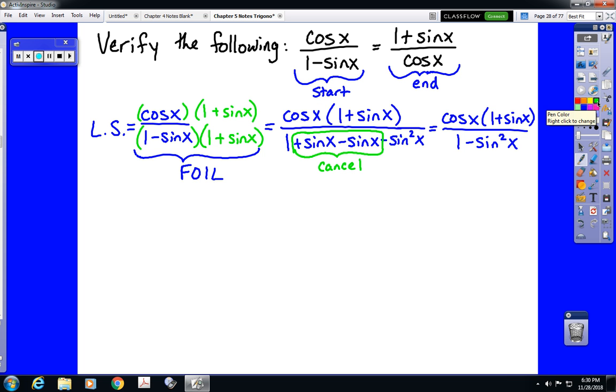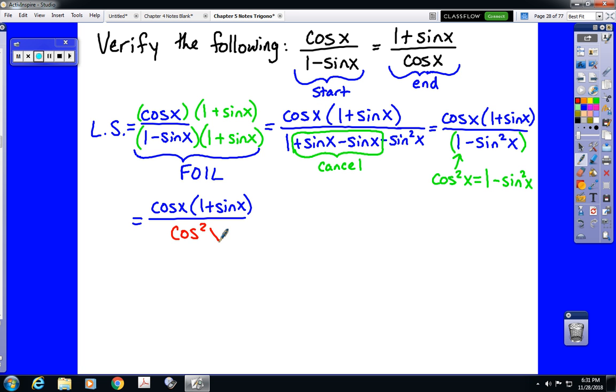Now, depending on how good you are, you may have already noticed that same expression that we saw earlier where we had to solve for cosine squared x. It's one of the forms of one of our Pythagorean identities. It says that 1 minus sine squared is cosine squared. So we would replace the bottom of that fraction, the top would stay the same, we would replace the bottom of that expression with cosine squared x.